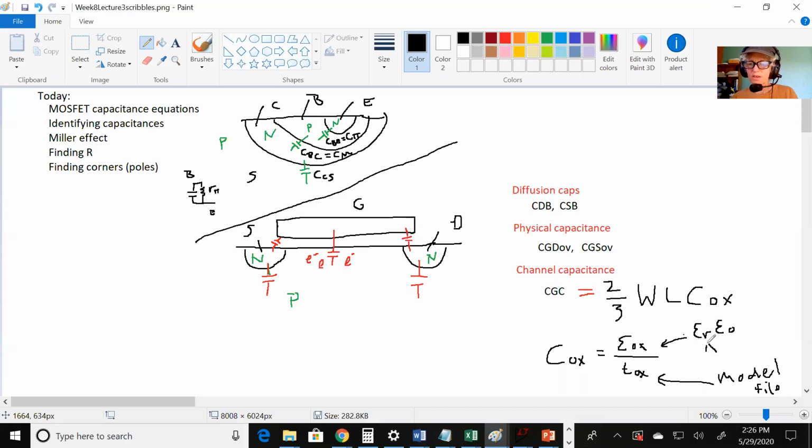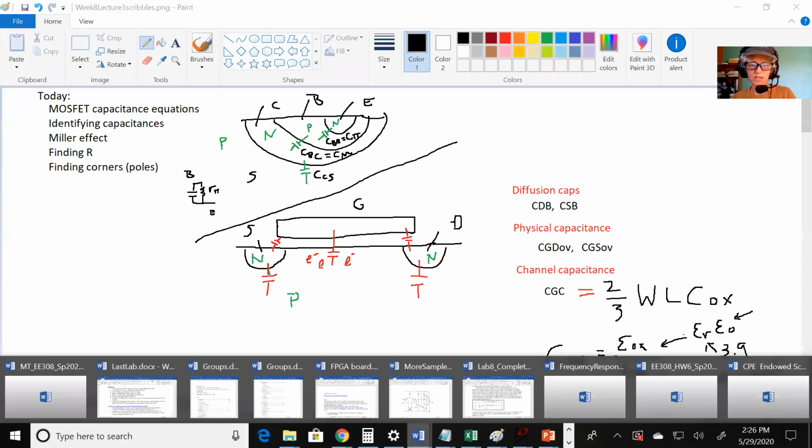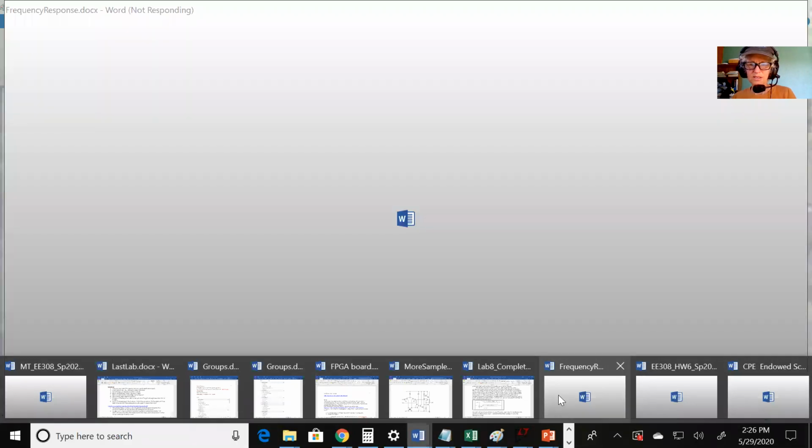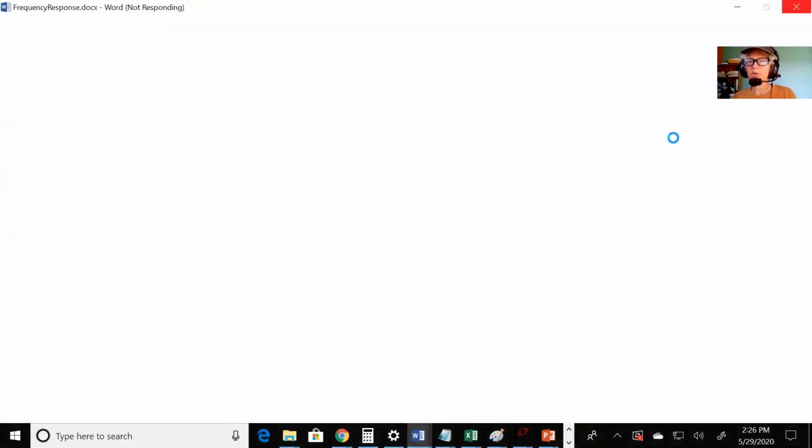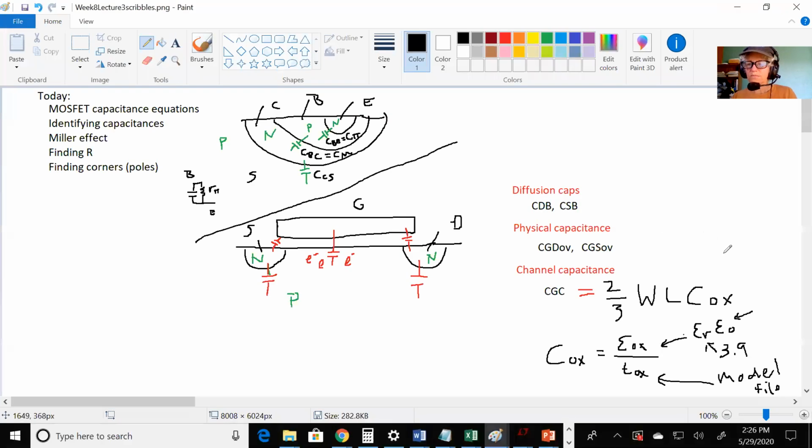This is 3.9. It's a constant, and this is in free space. And what is it, 5 point, who knows off the top of their head? 5 point, yeah, I broke Word. Okay. But those values are on the handout.